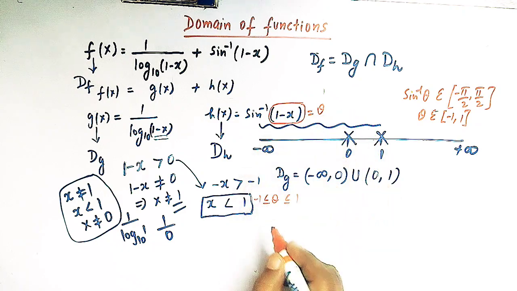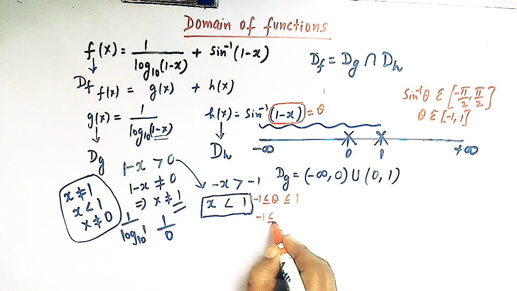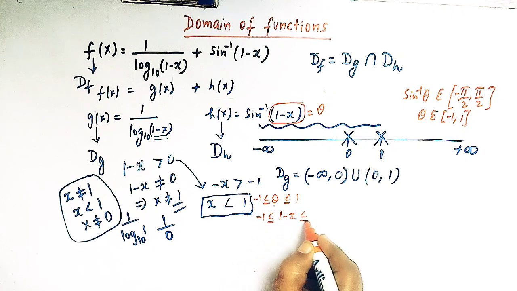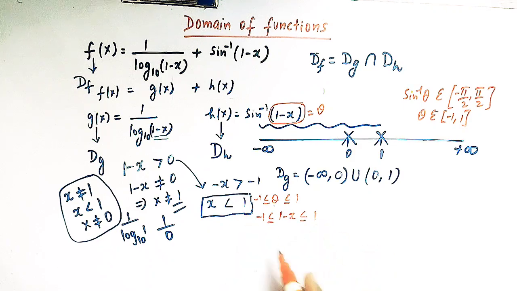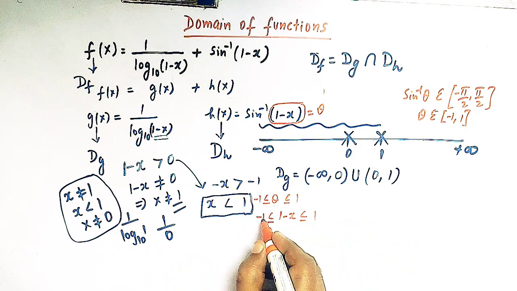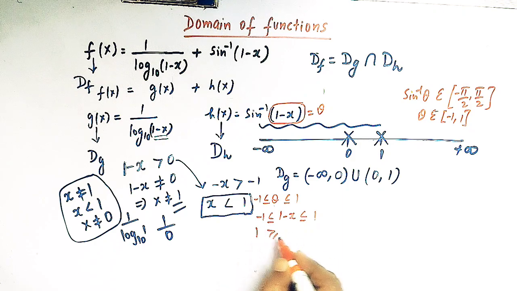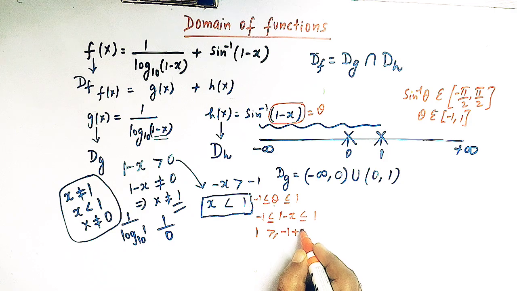Taking theta equal to 1 minus x, we have this inequality, and now we can easily solve this linear inequality by multiplying throughout by negative 1. So here we have positive 1, and the direction of the inequality gets reversed. Here we have minus 1 plus x, then here we have minus 1.